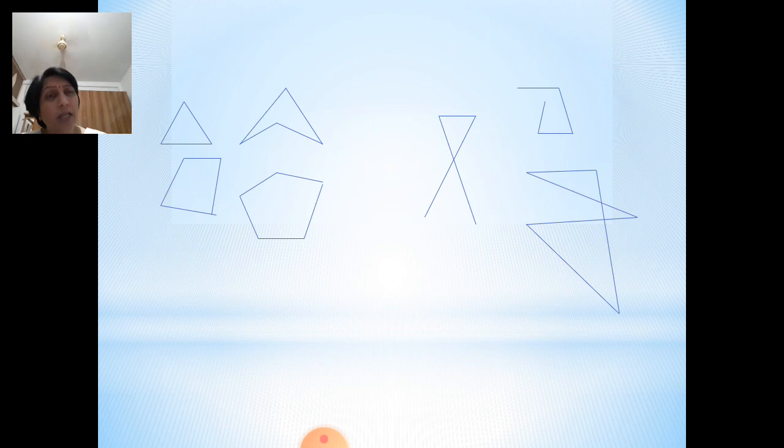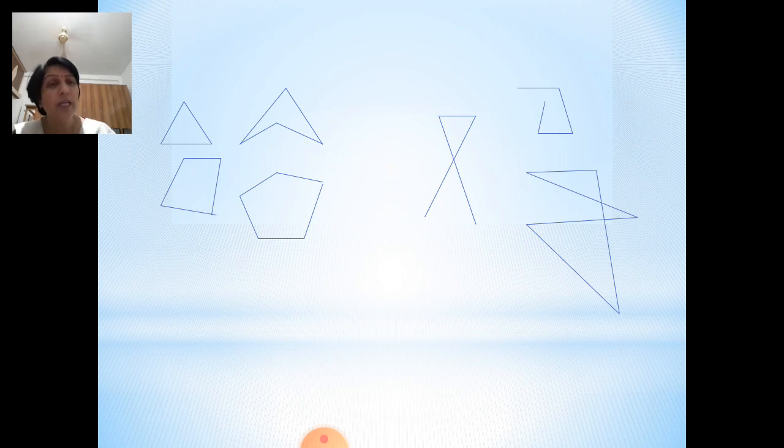But can you see? There is some difference between these curves, and I have grouped them differently. In the first group, you can see all curves are closed. In the second group, you can see two curves are open.